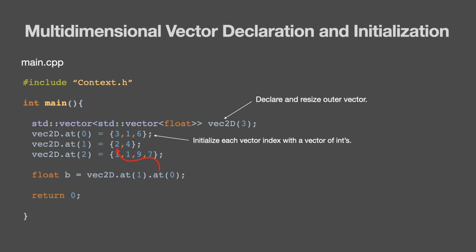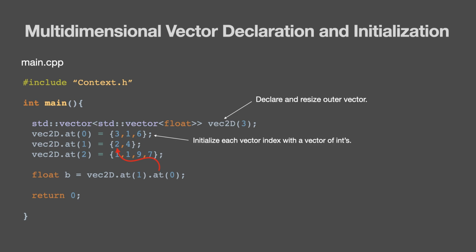I've called it vec2d, and because I'm using parentheses with a value of 3 as the argument, this is going to resize it to be of length 3. This is going to create our outer vector to be of size 3. This is going to create 3 vectors of floats in each of the 3 positions of this vector.